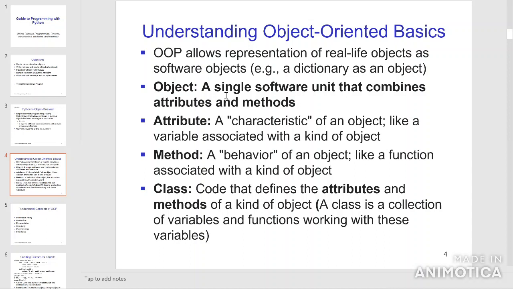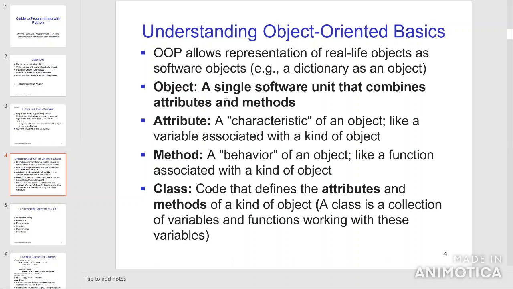For example, for a human being object, attributes would be age or sex, whether female or male.